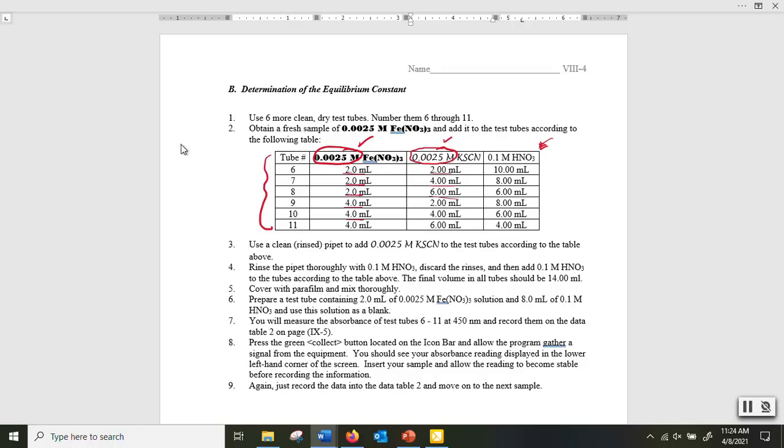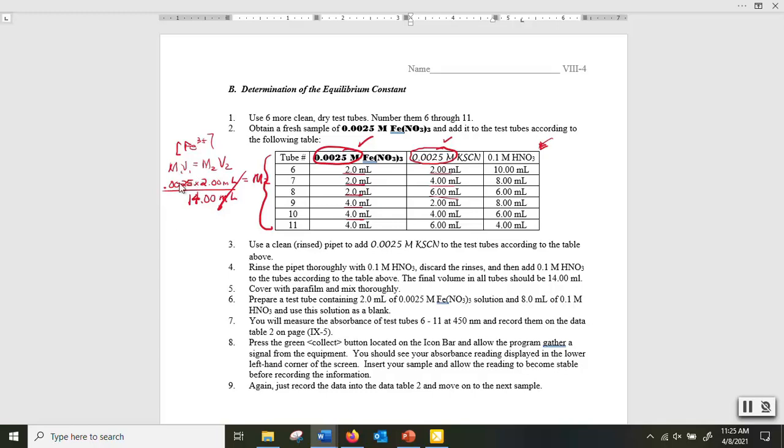You're going to find your concentration of iron the same way we did before, which is M1V1 equals M2V2. In this case, you have molarity for iron 0.0025 times your volume 2.0 milliliters, equals M2 divided by the volume total, which is 14 milliliters for each of these.